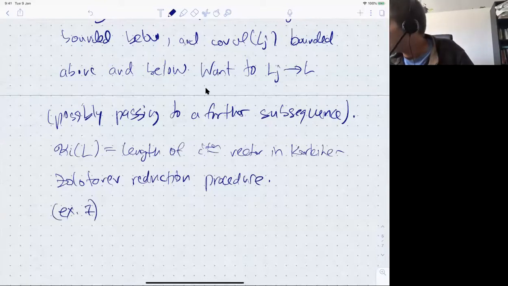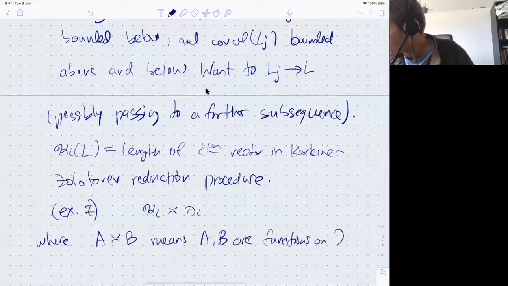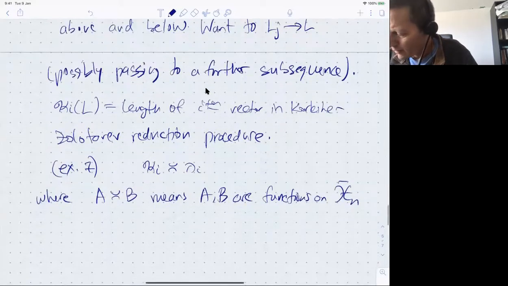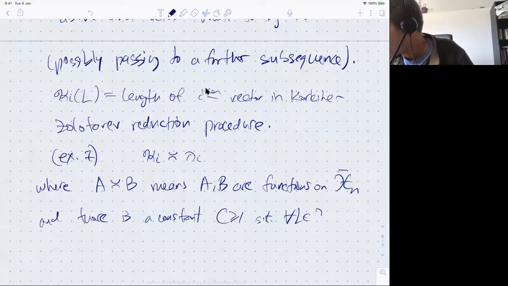It's number 7, and the exercise is to prove that kappa i is comparable to lambda i, where this notation means: A comparable to B means A, B are functions on the space of lattices, and there is a constant C such that for all L, we have this.